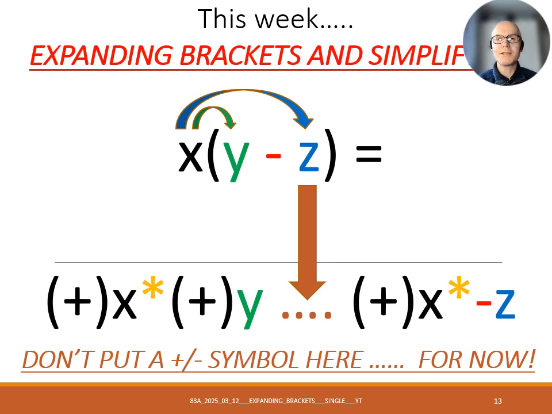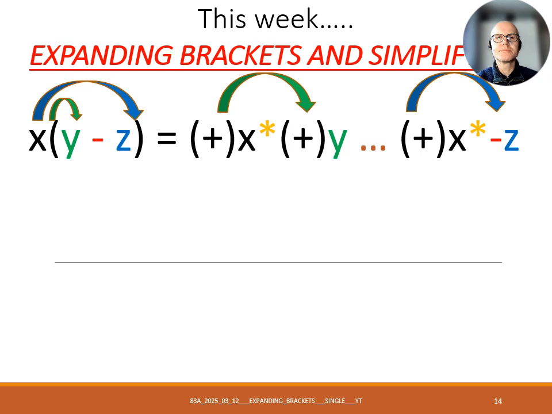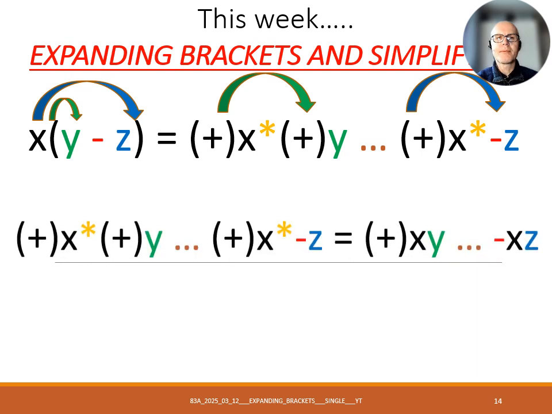Split the two parts of the equation for now. We'll put it all together when we get to the answer step. So here we have positive x times positive y and positive x times negative z.